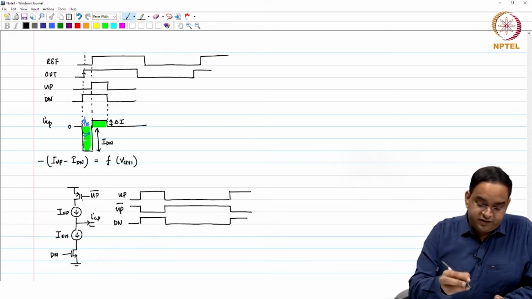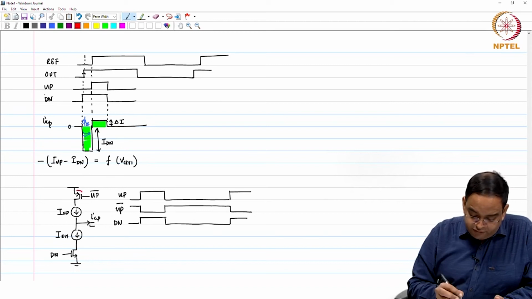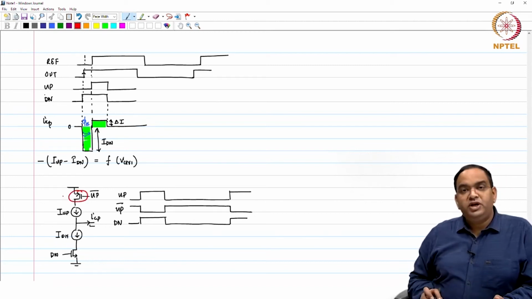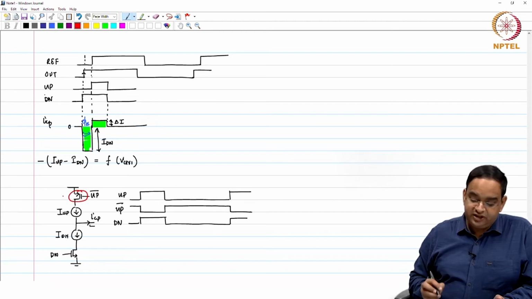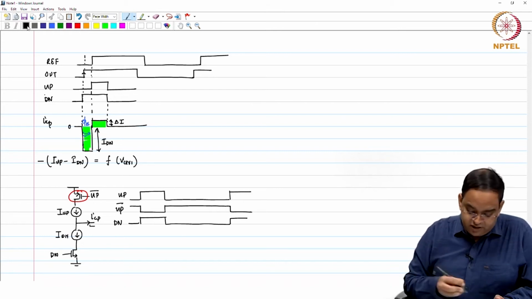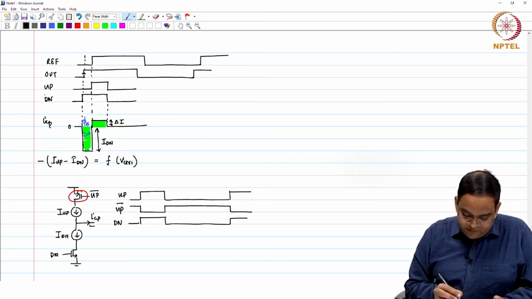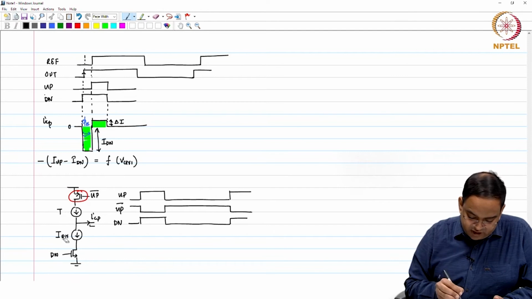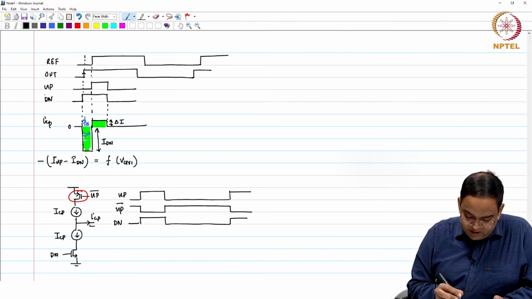Now, the response time of your PMOS switch is going to be different from the response time of your NMOS. Let us say the current values are equal in this case, just as an example, and I am plotting a small I up and a small I down.